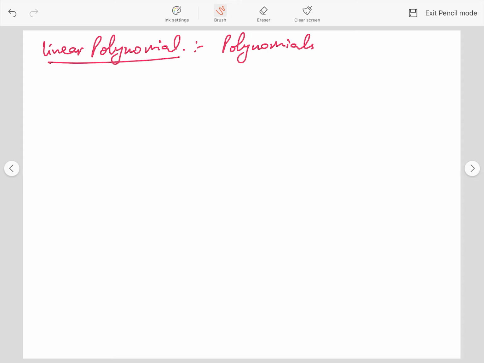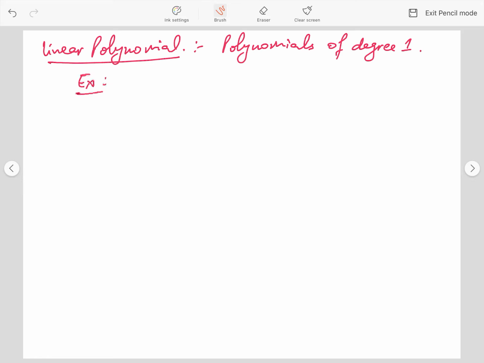Next we will see different types of polynomials which are there in our syllabus of class 10th. One is linear polynomial. Linear polynomials are those polynomials which are having degree 1, that means highest power 1.